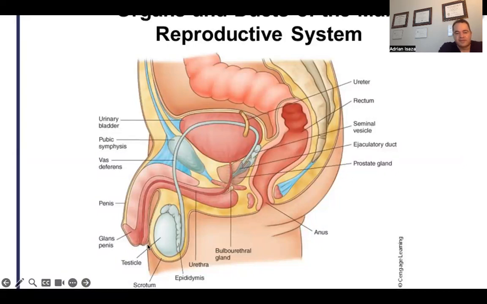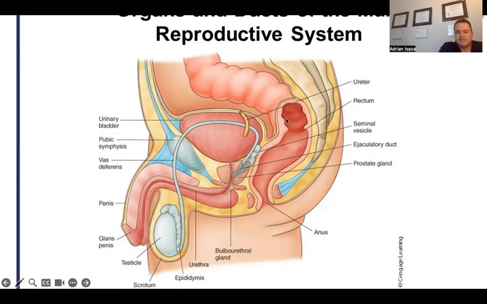All right. So the testicle there, which contains the seminiferous tubules, according to your slide, right? And then that travels into the epididymis. Then that goes through the vas deferens over here. And then turns into the ejaculatory duct.